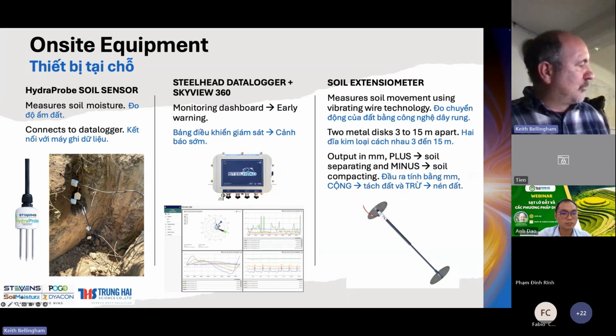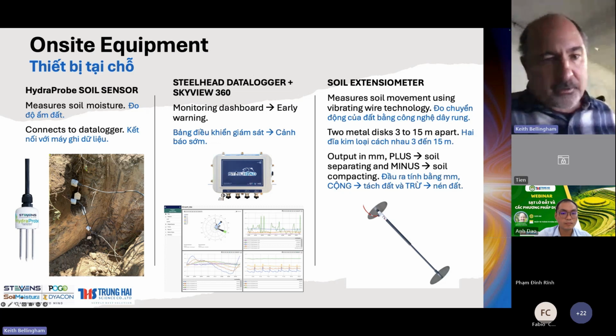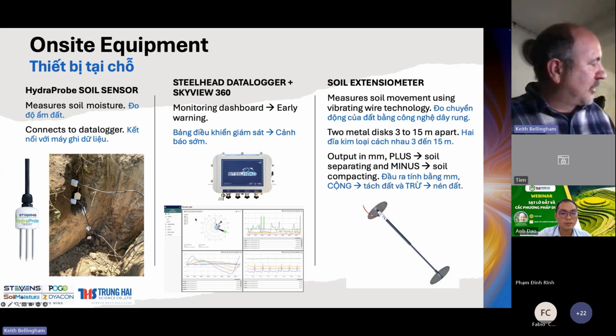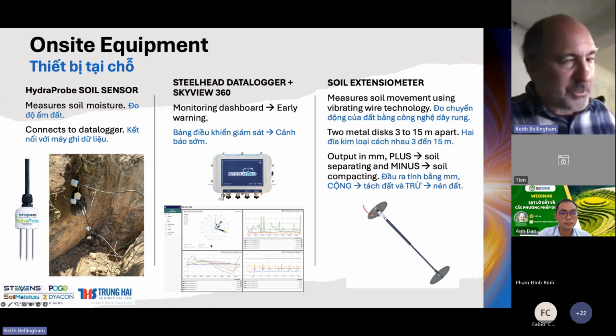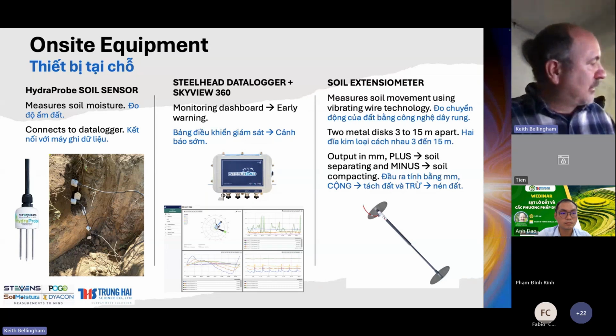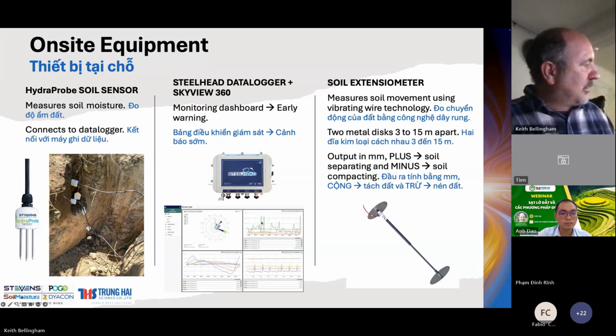For that, we recommend the Stevens Steelhead data logger, which can accommodate up to 30 SDI-12 sensors, including 30 Hydroprobes, with one logger. This logger can be equipped with cellular telemetry, and the data can go to a web platform called Skyview 360, where the data can be analyzed, viewed, shared, and managed.